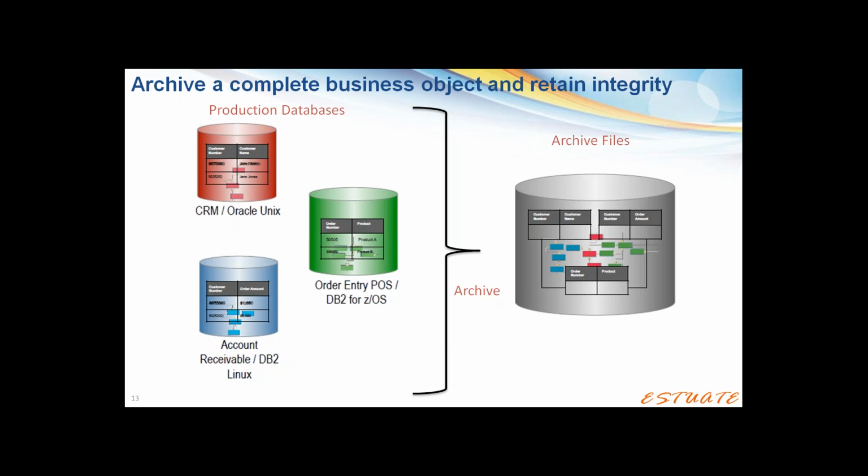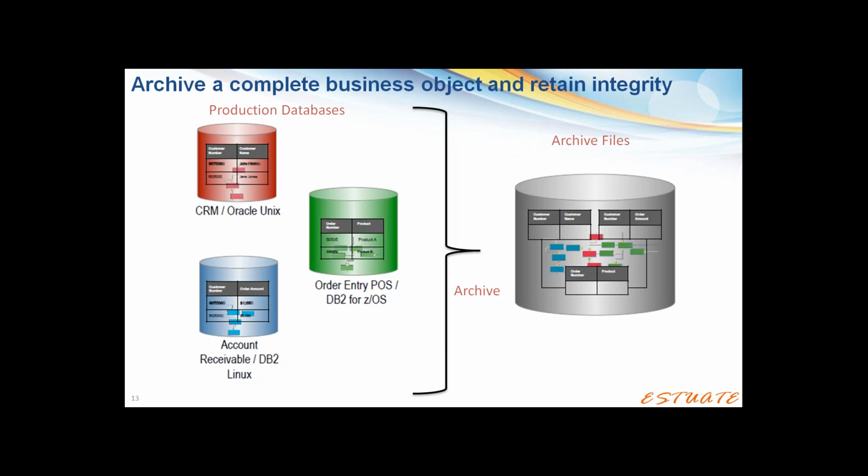So when we plan for implementing the data archival solution in such a heterogeneous environment, suppose we plan for archiving data for a particular customer which is present in the CRM system, and the transactional data would be in the rest of the two systems.